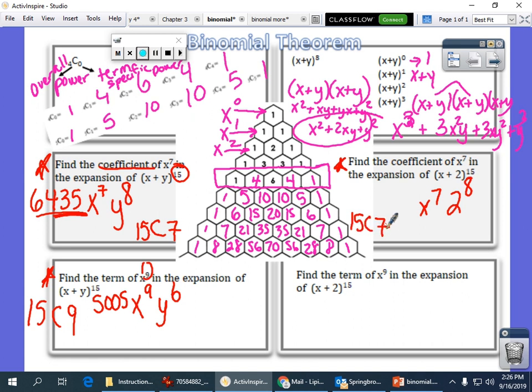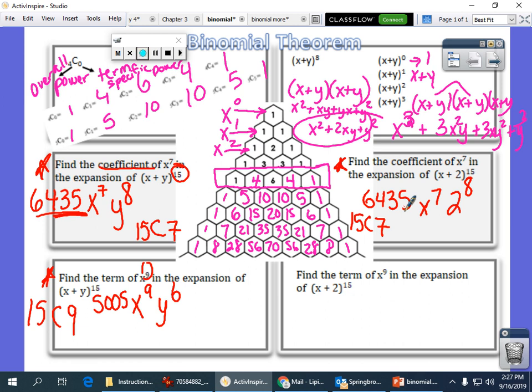What do you get? 35. That is not your final coefficient. You are supposed to multiply it with 2 to the 8.